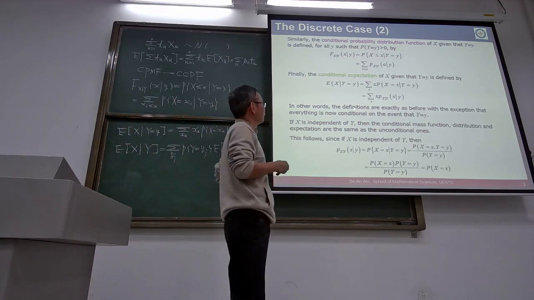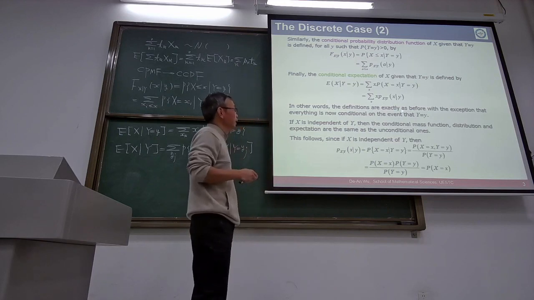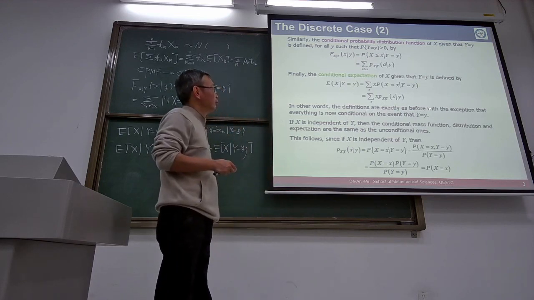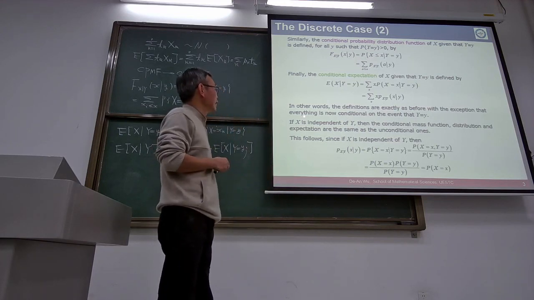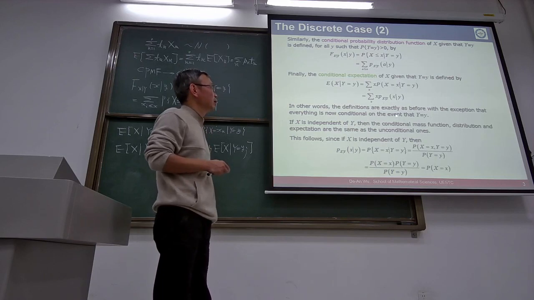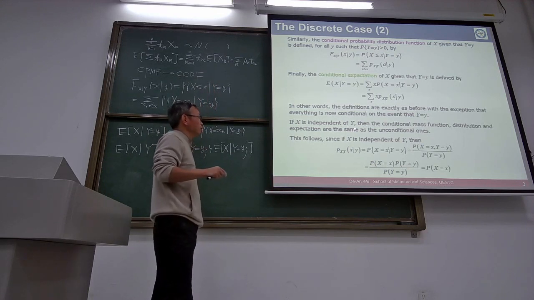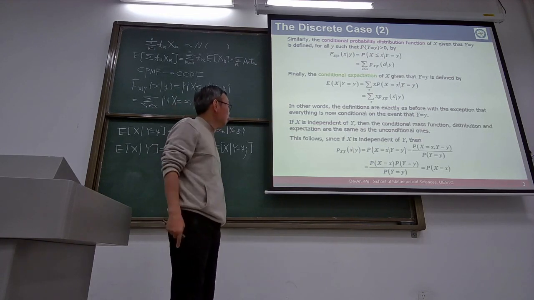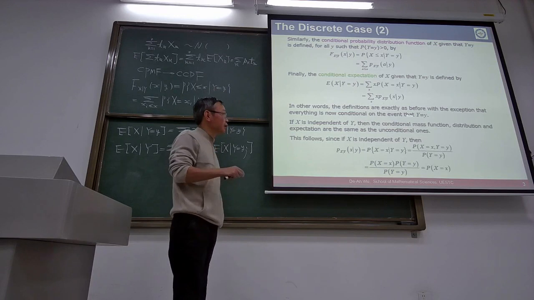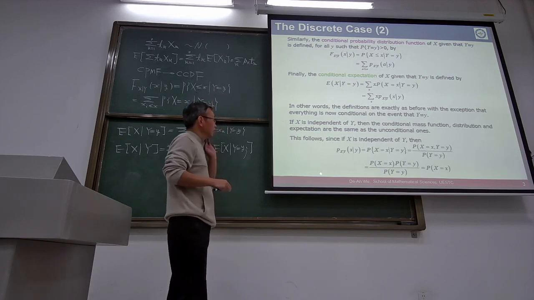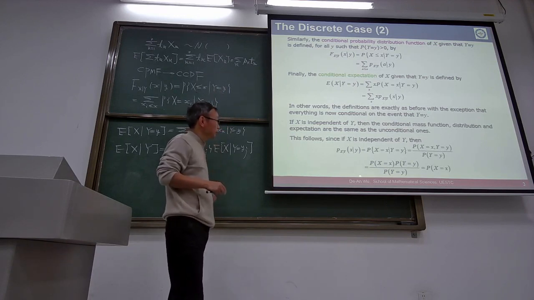In other words, the definitions are exactly as before, with expectation that everything is now conditional on the event capital Y equals y. If X is independent of Y, then the conditional mass function, distribution, and expectation are the same as the unconditional ones.